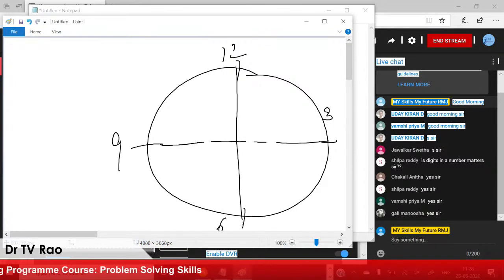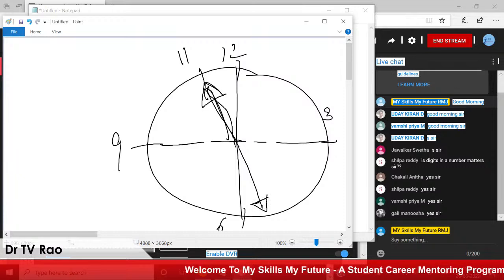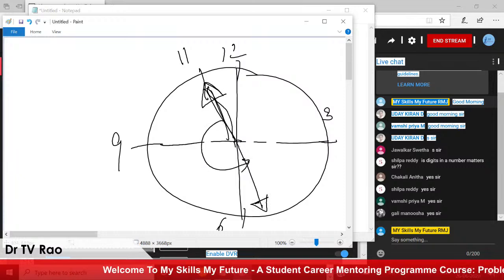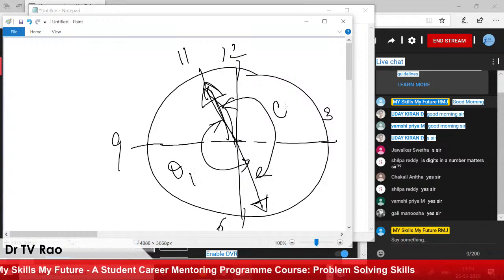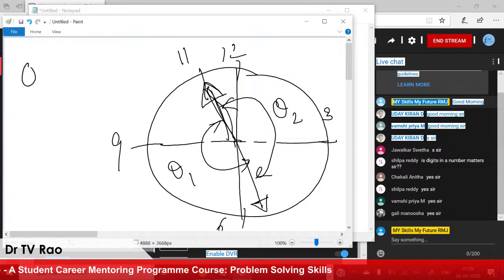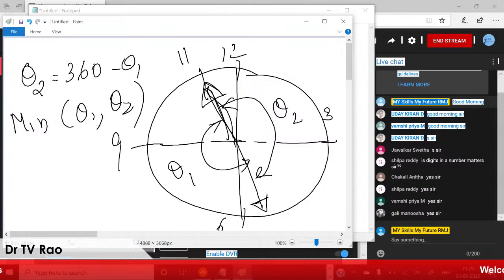Hour's hand is here, say almost here, whereas the minutes hand, 28, is here. Okay. This is say theta 1. This is say theta 2. Theta 2 is 360 minus theta 1. Okay. Find out the minimum of theta 1 and theta 2. Okay. Is this clear? So let us discuss further on it.